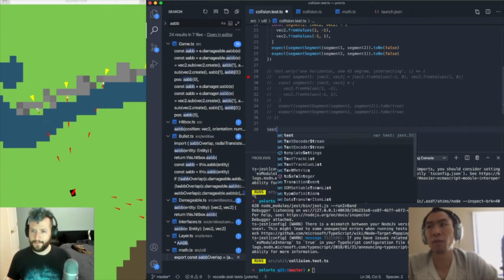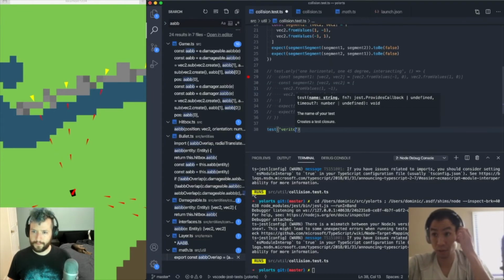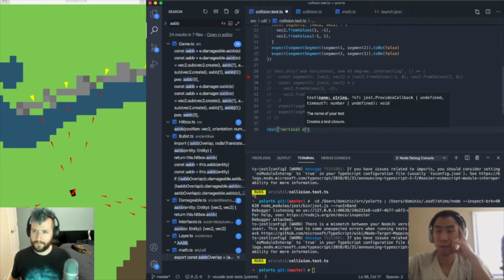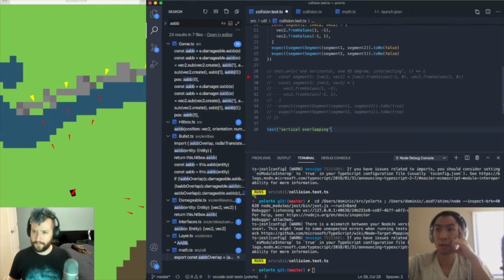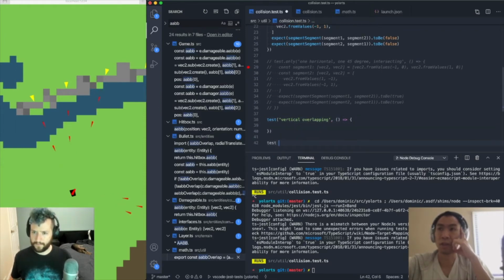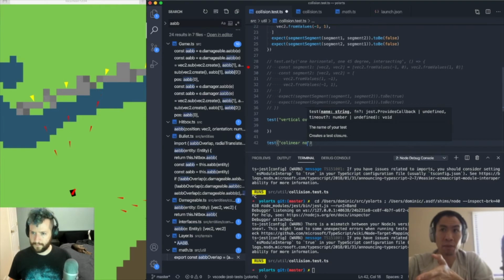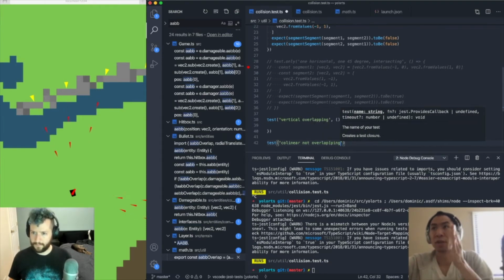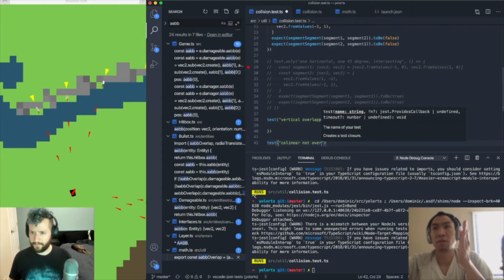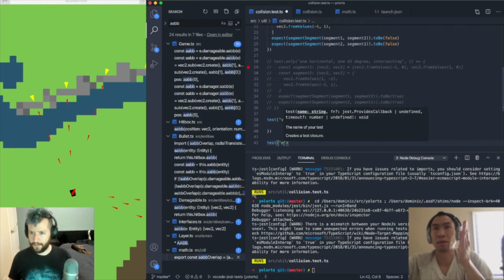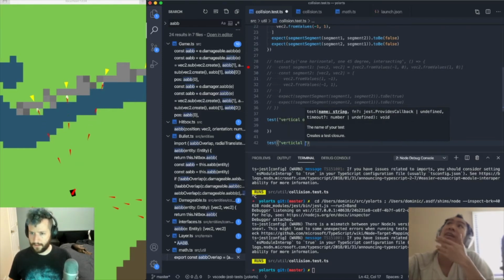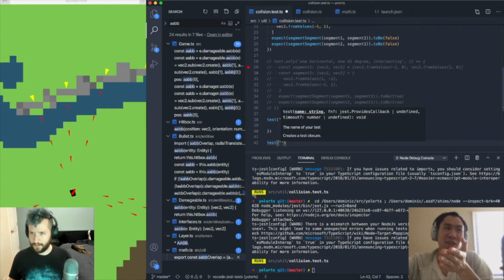Yeah, I think what we want is like 3 cases. One is if they're collinear and overlapping. The other is if they're collinear and not overlapping. Actually, 4 cases. Collinear overlapping, collinear not overlapping. Both vertical, but not overlapping on... Right. Oh no, if they're not overlapping on the x-axis, then it's fine.